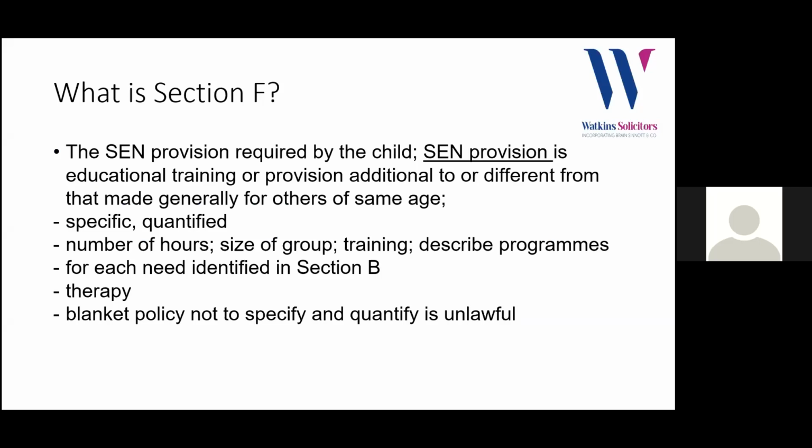The key things to remember are that it must be specific and quantified. If a child or young person needs social speech and language therapy or a social skills group, section F must state the number of hours, the size of the group, the sort of training that's going to be described, and the programs that are going to be delivered.